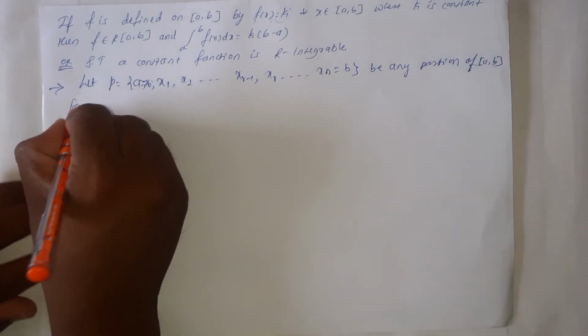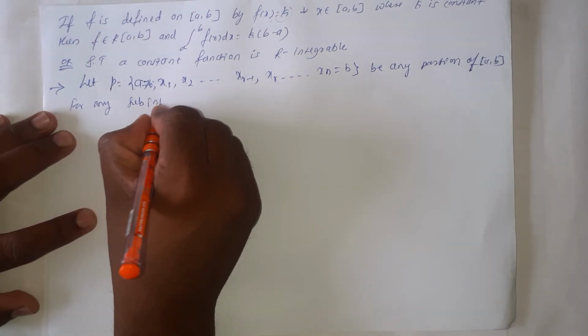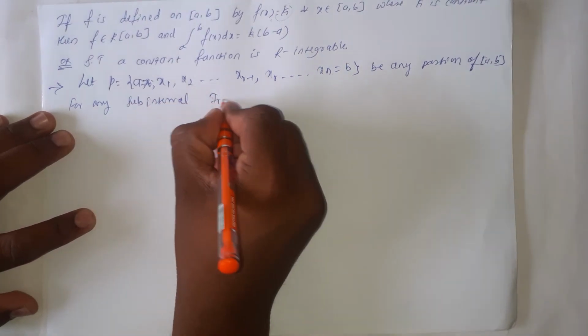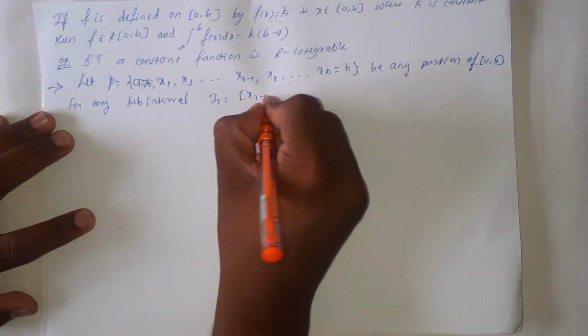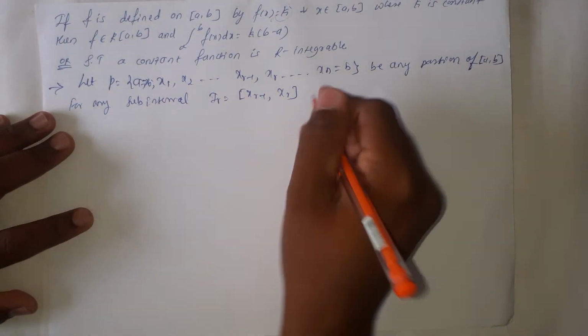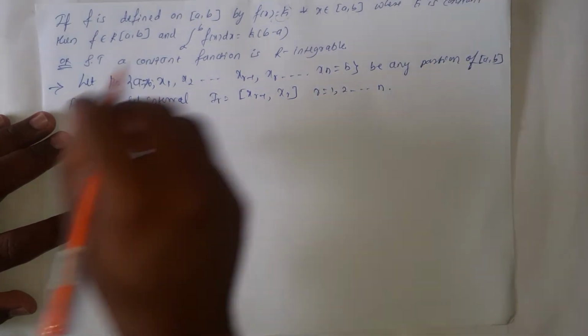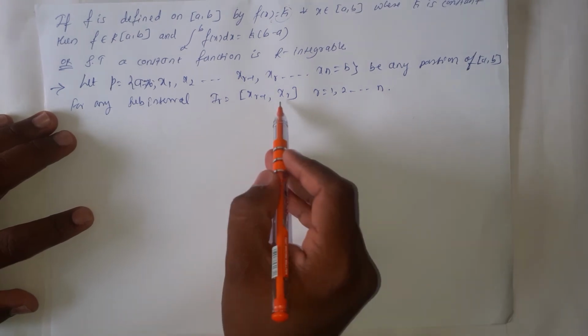Now for any sub interval Ir, which is equal to [xr minus 1, xr], here r takes the values from 1 to n. Now it is the rth sub interval.